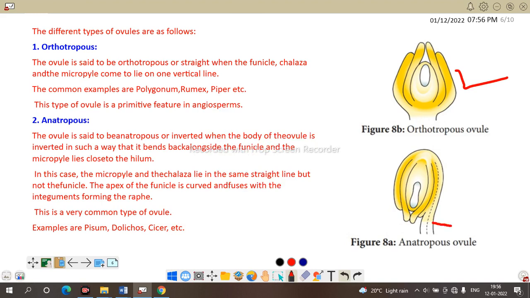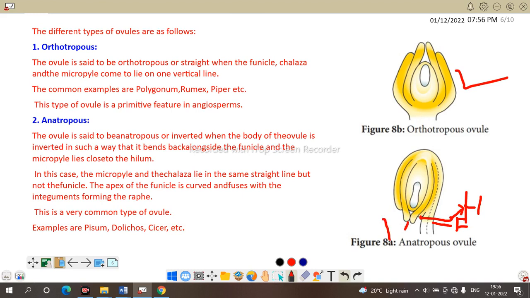This is the funicle, and this part is the hilum. So here is the micropyle.